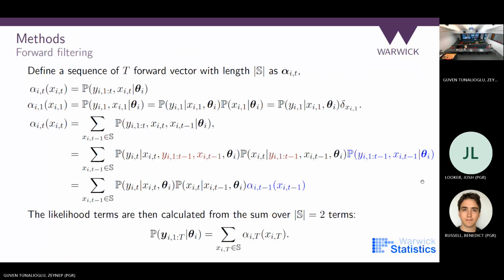You have x2, x3, xt. In this case, you see that conditional on this, this is not relevant to this, right? You've broken the dependence between these two. So that's why you can bring in that x at t minus 1 into this bit right there.